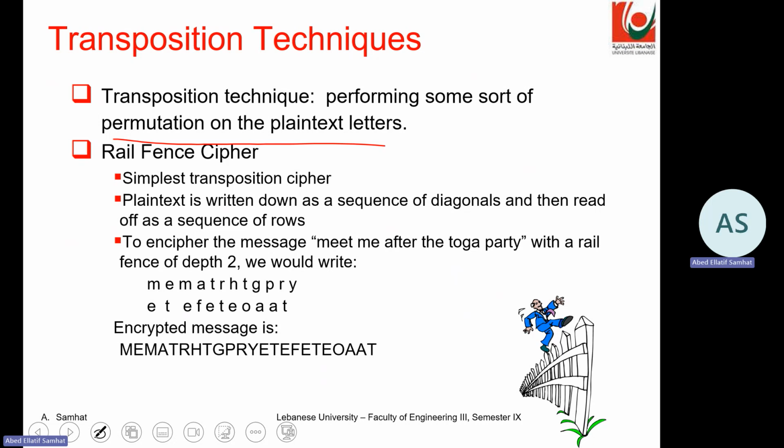It's a kind of simple cipher, but the permutation is done in an efficient way to avoid the attack. Let's take the example of the rail fence cipher.